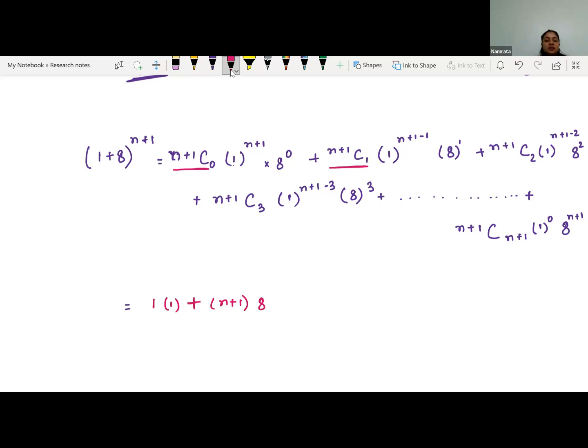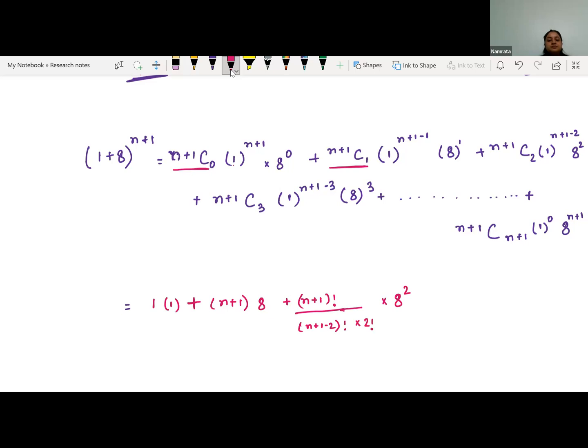Yes. Now if I do one more step, let me check whether it will help or not. It might help. So the next term will be n plus 1 factorial divided by n plus 1 minus 2 factorial into 2 factorial, into 8 square.